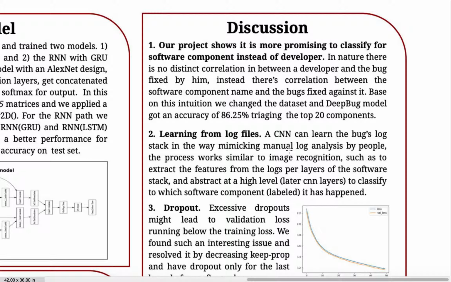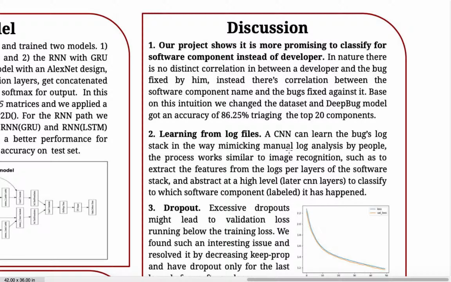We suggest that there is no distinct connection between the developer and the bug fixed by him, because he might be working on a domain or component for a while, and then he will change it. Instead, our analysis suggests that it makes more sense to classify against the software component, especially for production. Based on this intuition, we changed the dataset and labeled it for the software components, and we got a very exciting result.